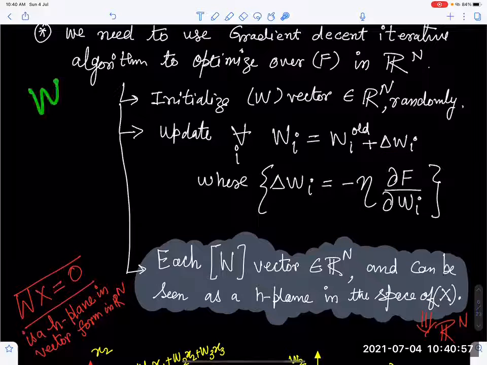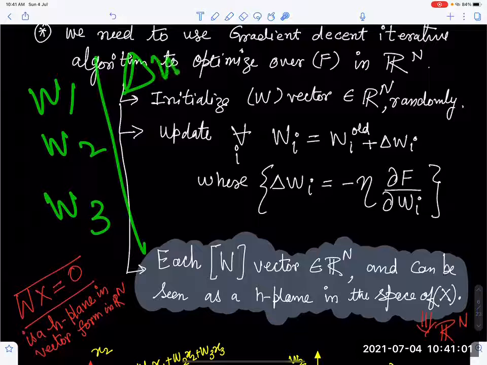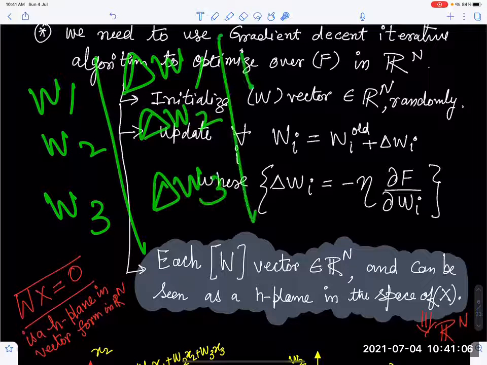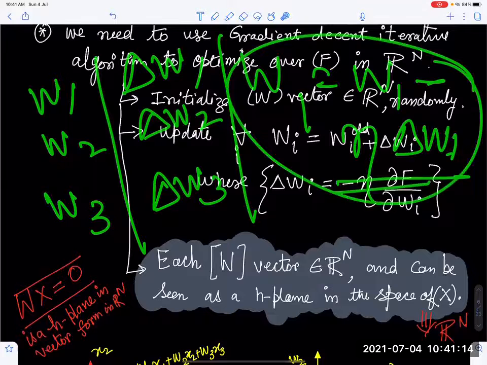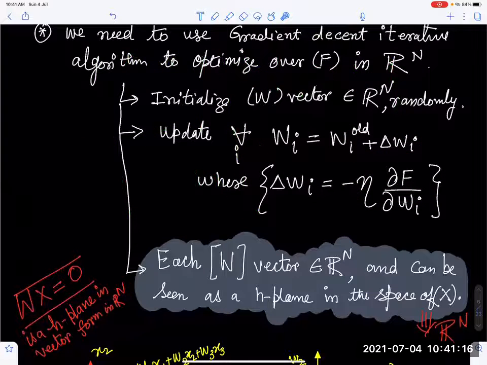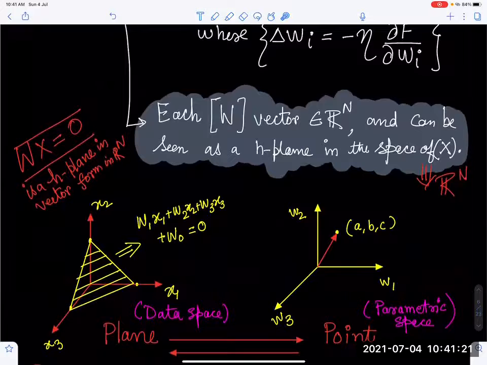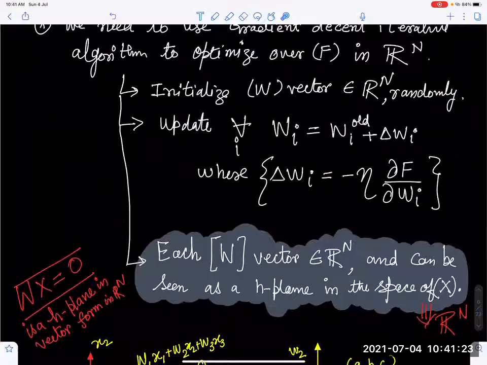So if you have w1, w2 and w3, then you are going to have delta w1, delta w2 and delta w3, and your new w1 is going to be equal to w1 minus eta times delta w1. Similarly, you will get the W2 update, W3 update, and so on, all possible updates. You keep on moving. Up to what time are you moving? You keep on moving in such a way that you start to converge.